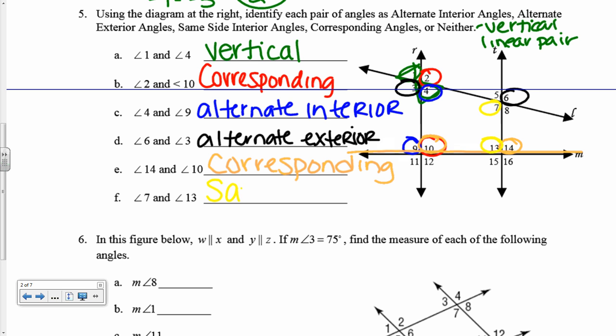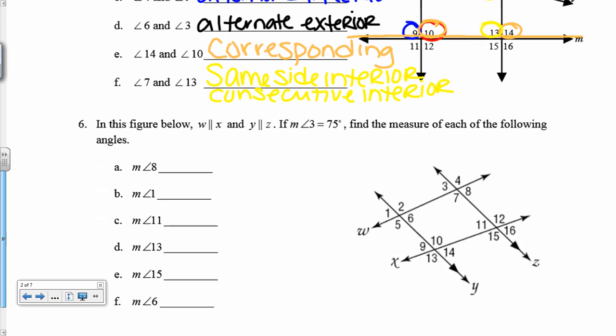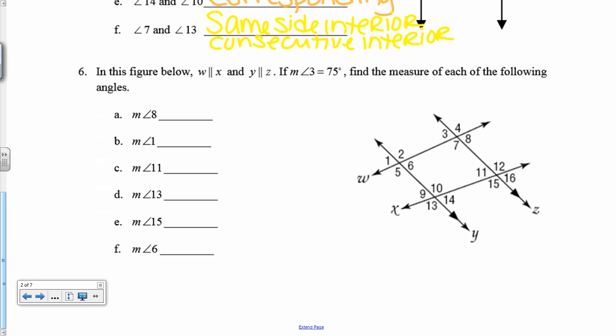So this is our same side interior, which is also called consecutive interior. Either answer would work.